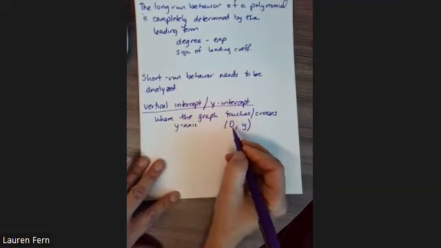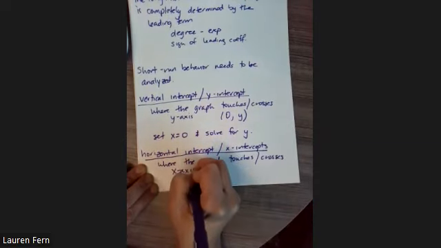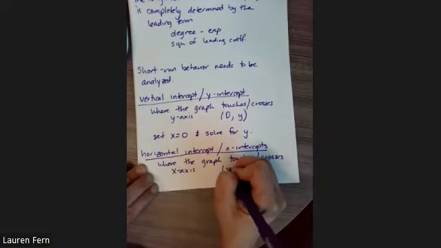Now, the other thing that we have discussed is called our horizontal intercept or our x-intercepts. And similarly, we saw that this is where the graph touches or crosses our x-axis. We know that no matter where we are on our x-axis, our ordered pair has this form.